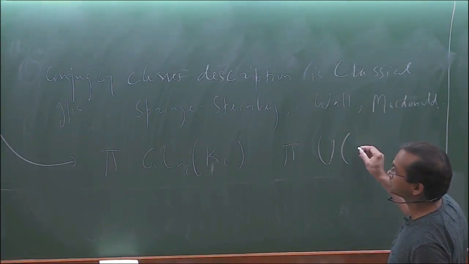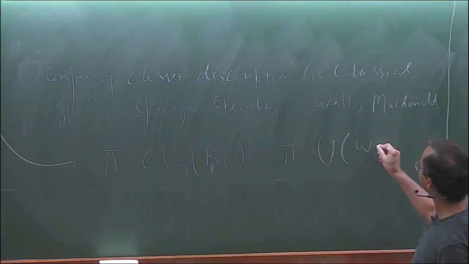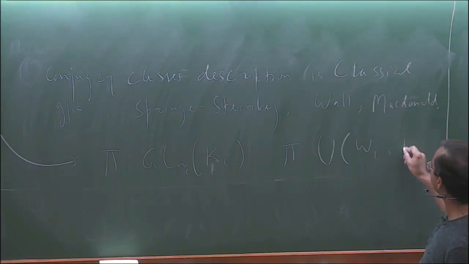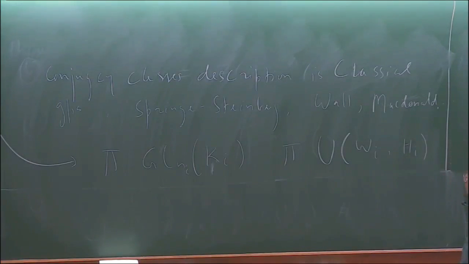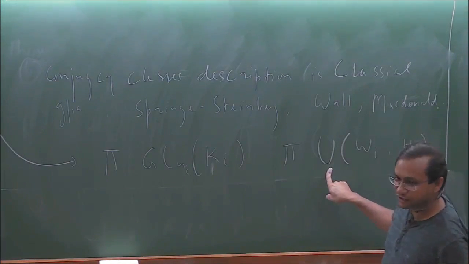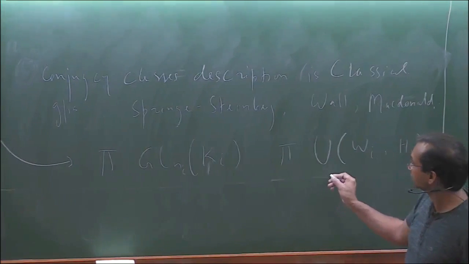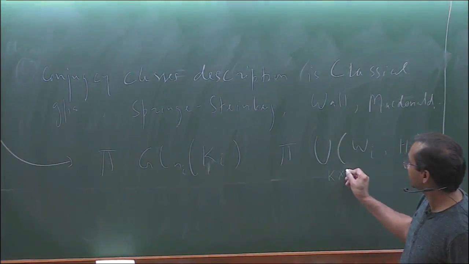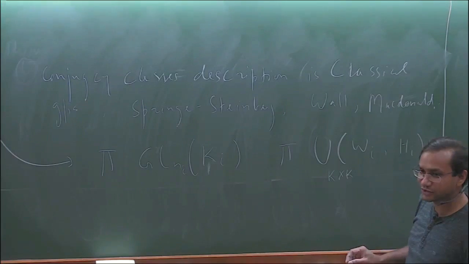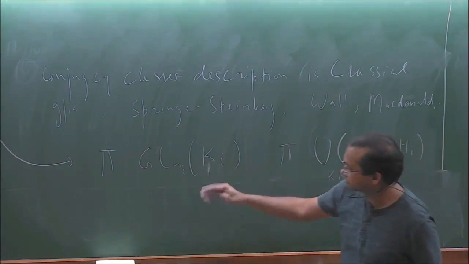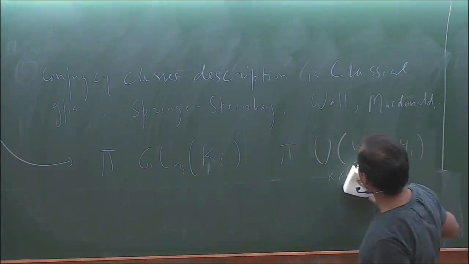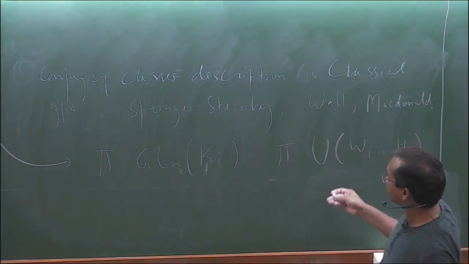Unitary groups are over some other subspaces W_i with some forms H_i. But here the unitary group could be a little more general. This could be over also a field of the kind K cross K or something, but that can be reduced to this.